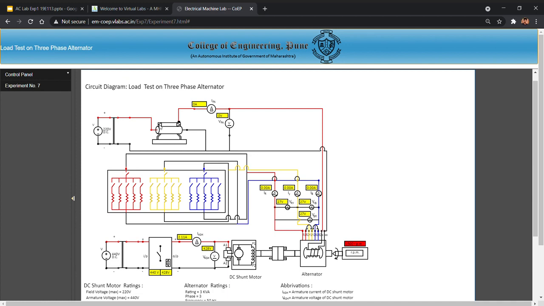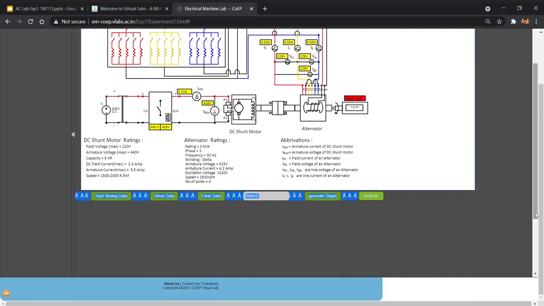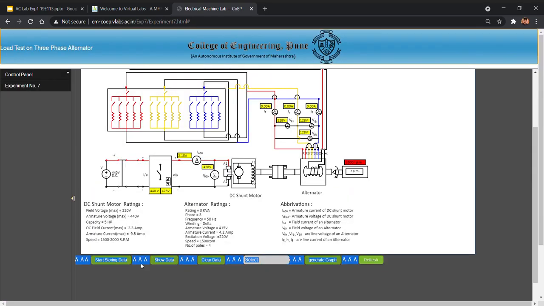Now let us gradually decrease the resistance and increase the field current until the alternator reaches its rated voltage. Let us start storing data.